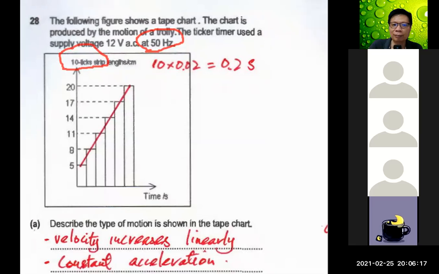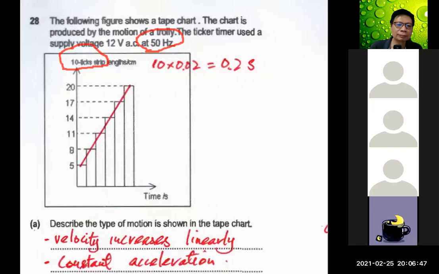You either say velocity increases linearly or you say constant acceleration. There is acceleration because it's getting faster and faster. So acceleration happens. But the acceleration is constant, because of the gap, all the same gap. The velocity increases with the same gap, so the acceleration is fixed, is constant. Okay.